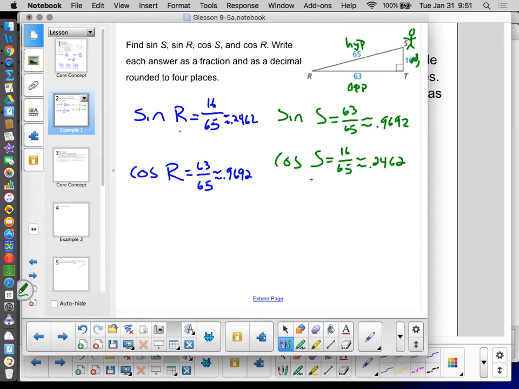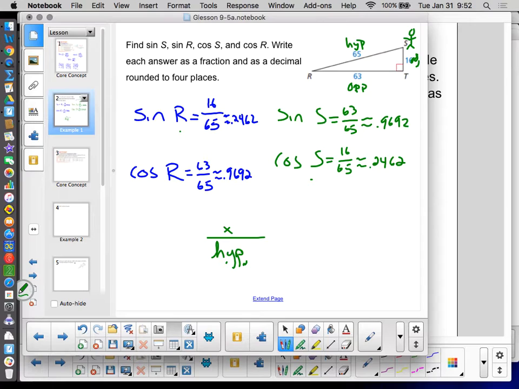I noticed something else. In both sine and cosine, the denominator is always the hypotenuse. Hypotenuse is always the denominator in the sine and cosine. And the hypotenuse has to be the longest side of the triangle.